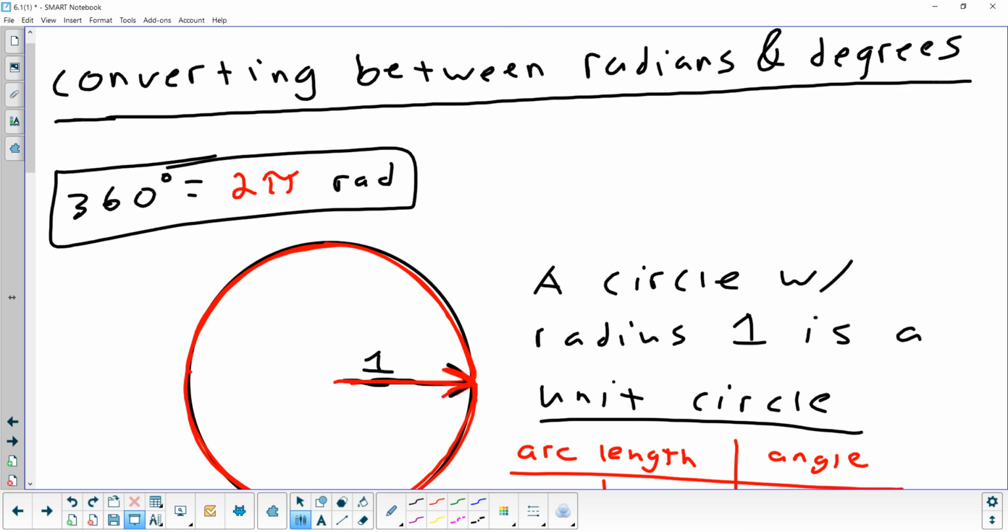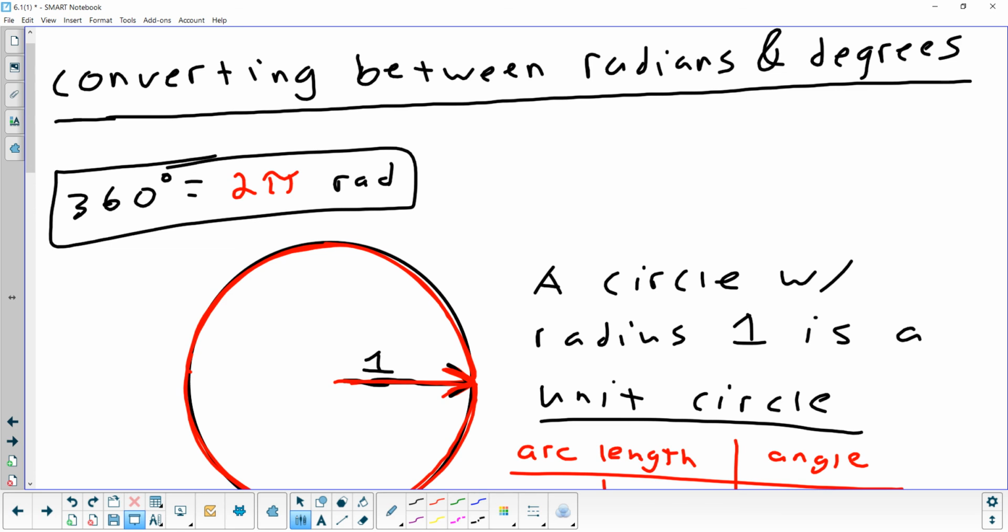So by using the special fact that on a unit circle, the size of the arc and the size of the angle in radians are the same, and we know how to find the size of the arc, specifically the size of a circumference, the circumference goes all the way around the circle. If you can find the measure of the circumference, it's exactly the same as the number of radians that go all the way around the circle.